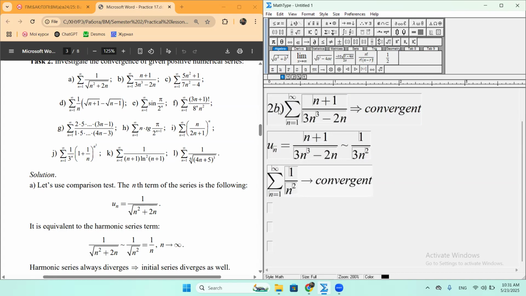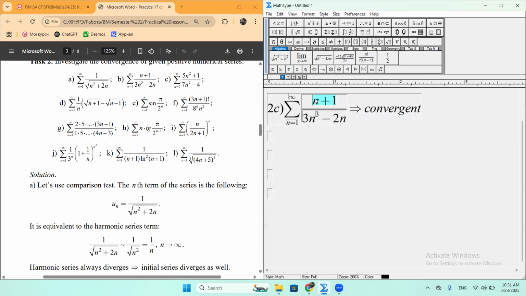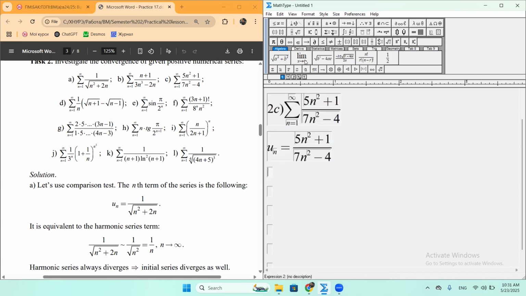Now let's continue. We have the following series: 5n square plus 1 over 7n square minus 4. So what can we check here? The nth term un equals this value. And what do we remember?